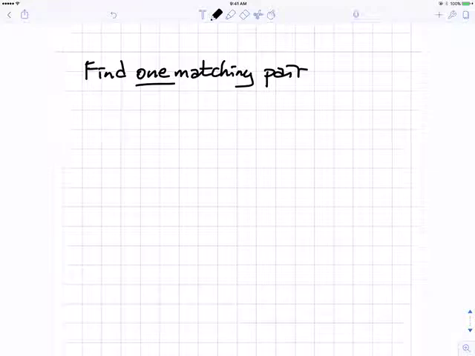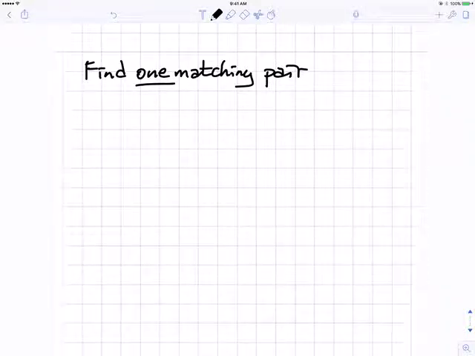I don't care which one, just find me a matching pair. Now, the obvious deterministic algorithm is I pick up a bolt, I don't know which one I'm getting, and then I try all of the nuts until I find a match.